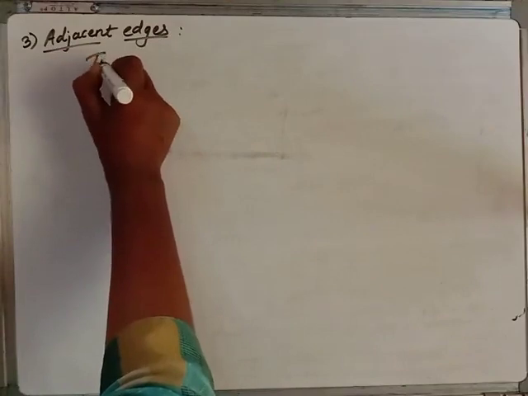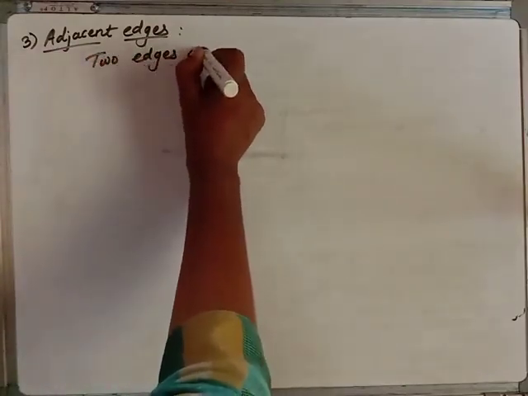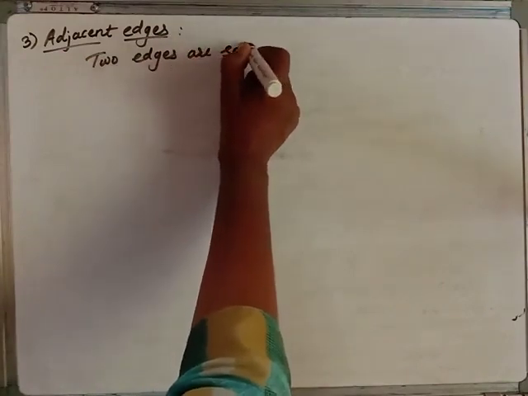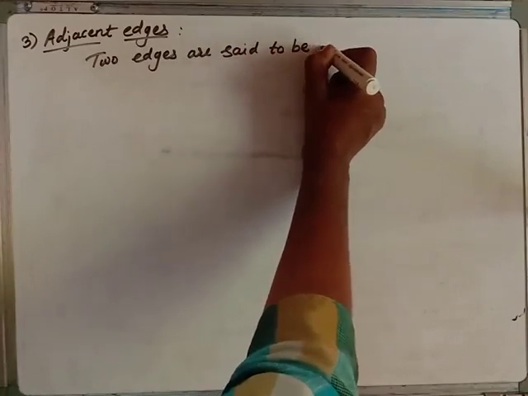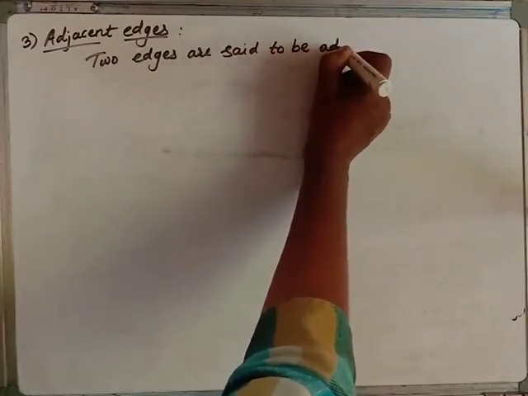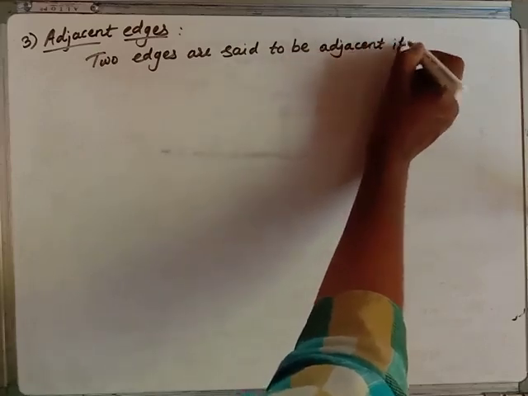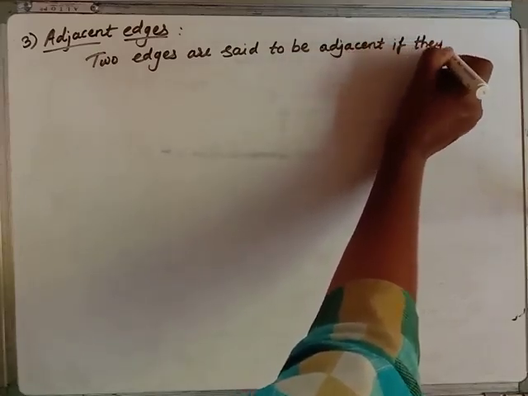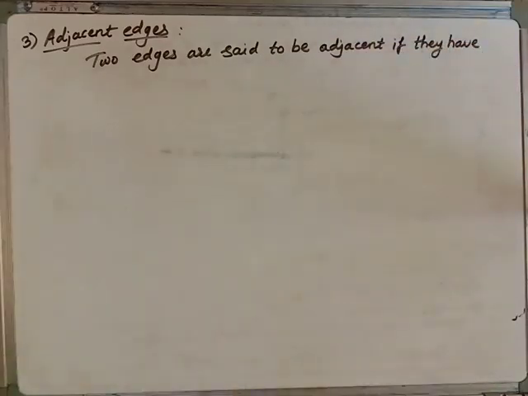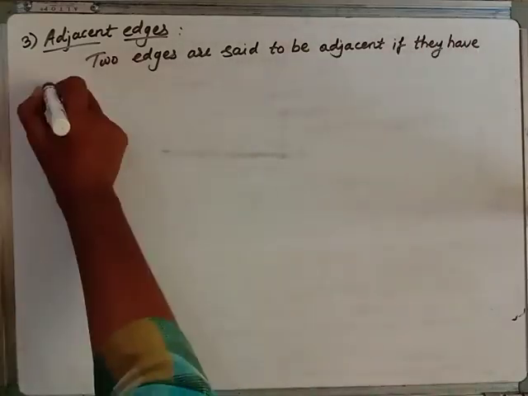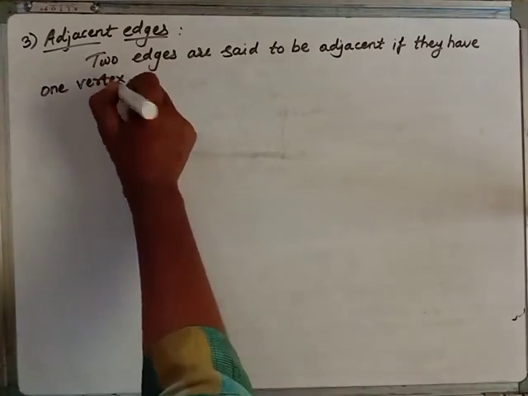Two edges are said to be adjacent if they have one vertex in common.